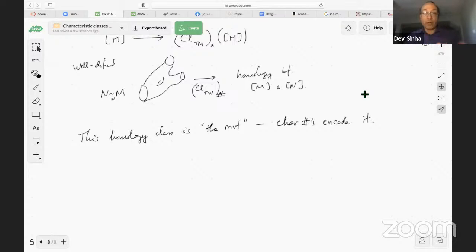we're either over mod 2 or in the complex setting where we're sort of torsion free.